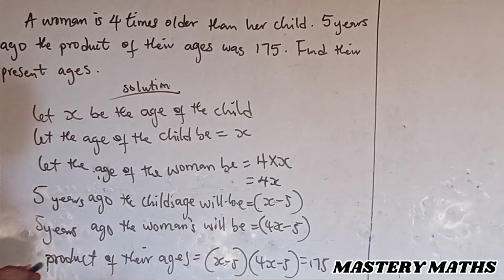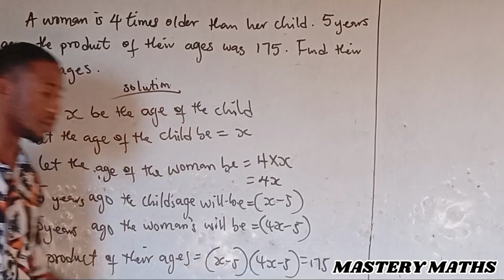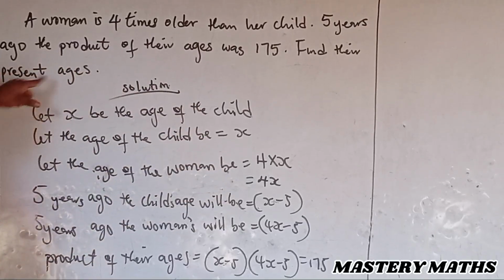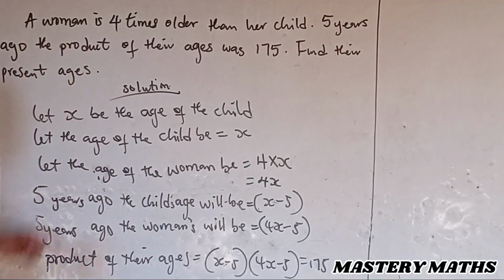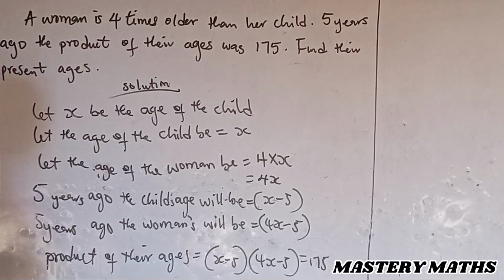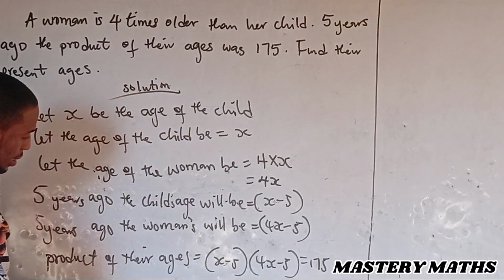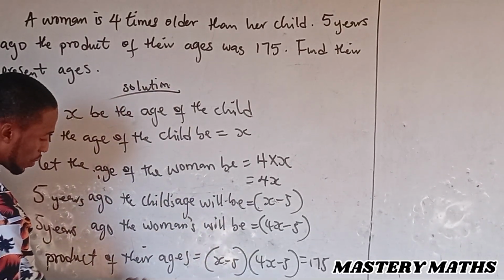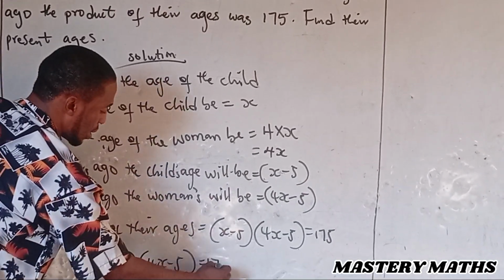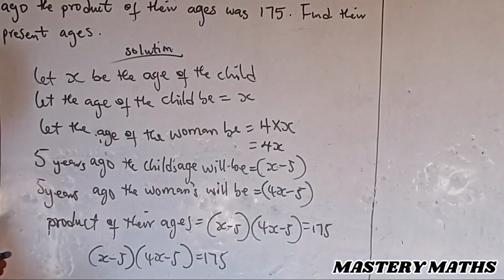So this has given us an equation to solve. We are going to look for their present ages, so we bring this out: (X minus 5)(4X minus 5) equals 175.